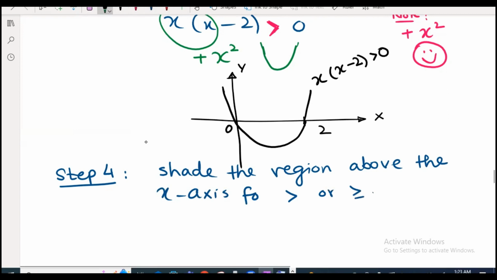So you are observing this. This is greater than 0, so I'm going to shade the region above the x-axis, which is this region.